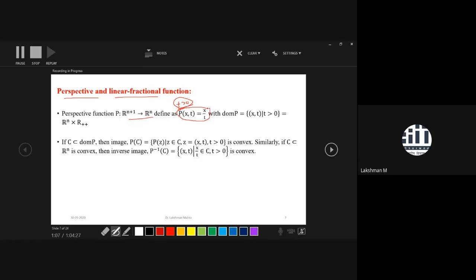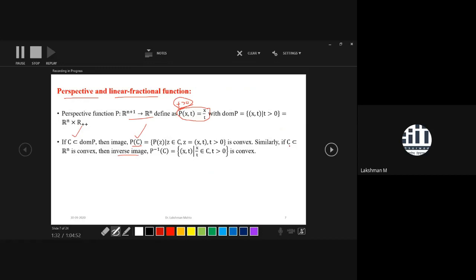Under the perspective map, the image and the inverse image, or pre-image, preserve convexity. If you take any convex set from the domain, then under the perspective function the image would be convex.